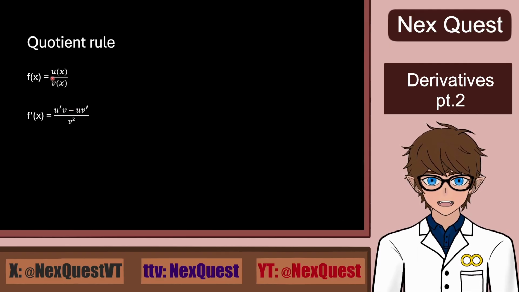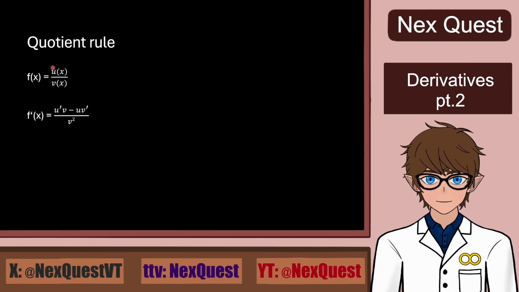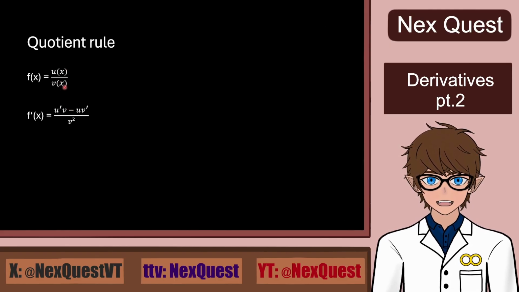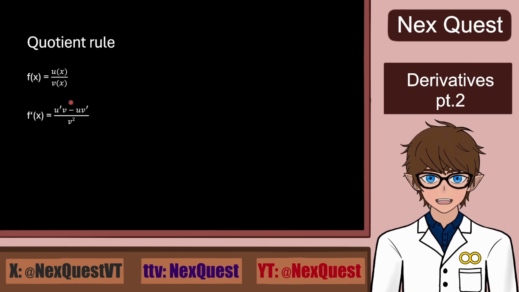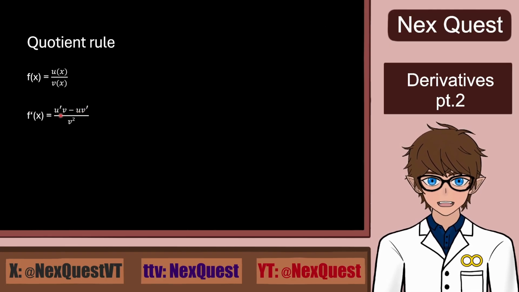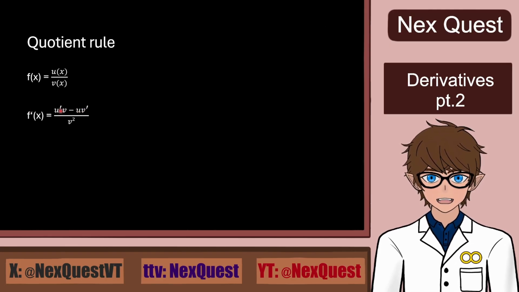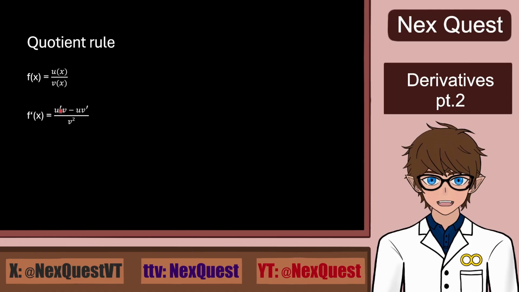Derivative of the numerator, so top, times denominator, minus numerator times the derivative of the denominator, divided by the square of the denominator. So in short and simple, derivative of top times bottom, minus top times derivative of bottom, all divided by bottom squared. But since we know it's easier to see an example, let's go solve one.